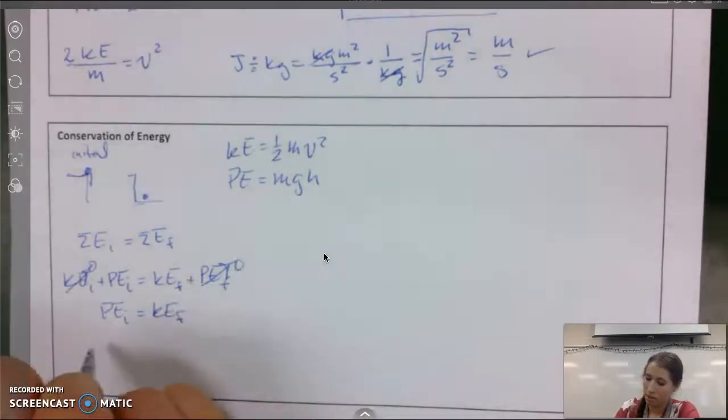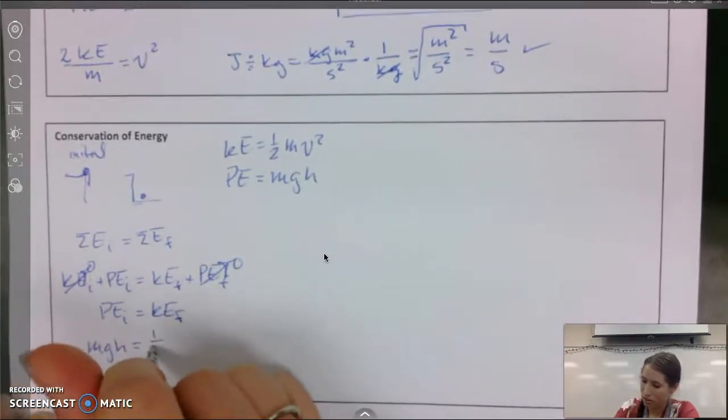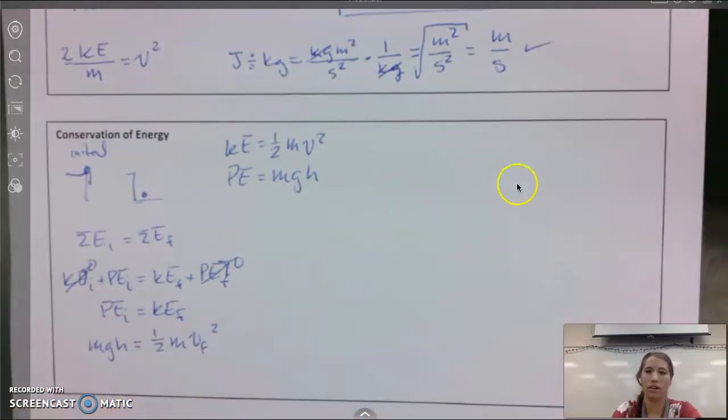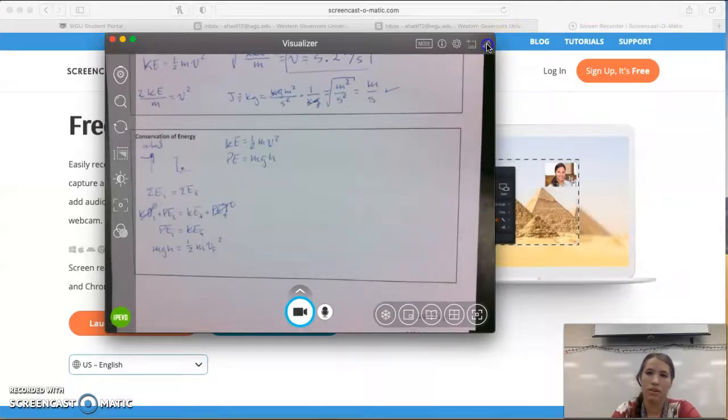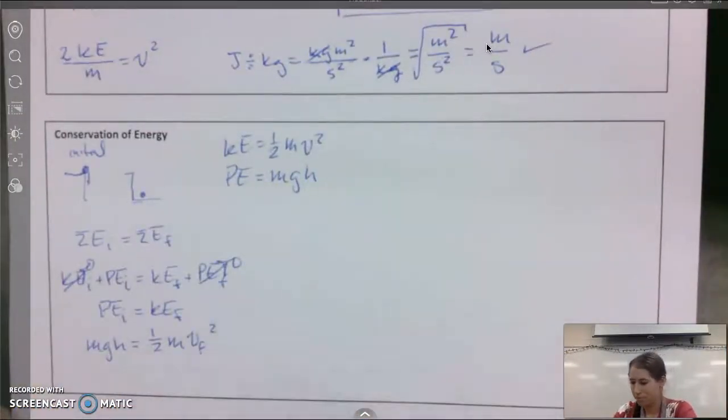At that point, I plug in what I know. That potential energy is mgh, and that kinetic energy is 1/2 mass velocity final squared. Okay, so that's the first steps that I would take to a problem that has an approach like that.